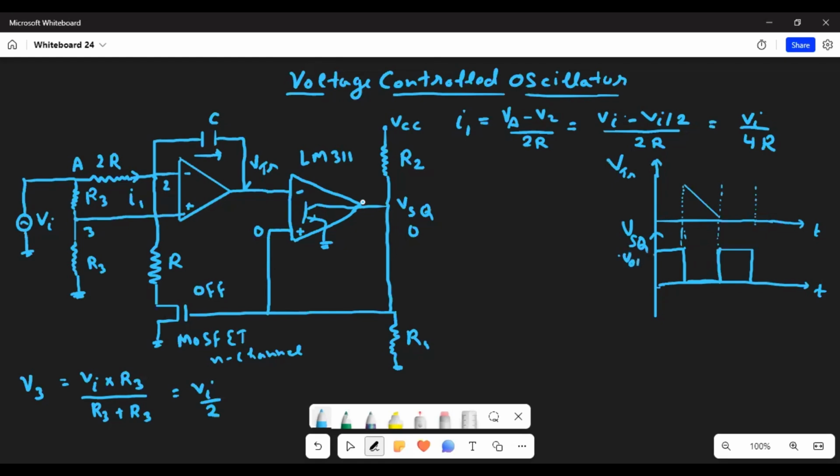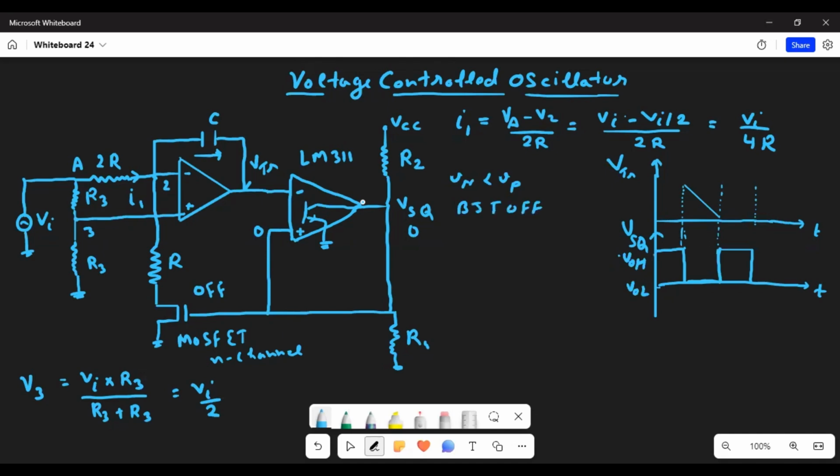When VSQ was 0, the MOSFET was off, so current I1 was flowing through the capacitor and VTR was going towards 0. The moment the value at the inverting terminal, VN, is lower than VP, or as soon as it goes to 0 or a little bit negative, this will turn the BJT off.